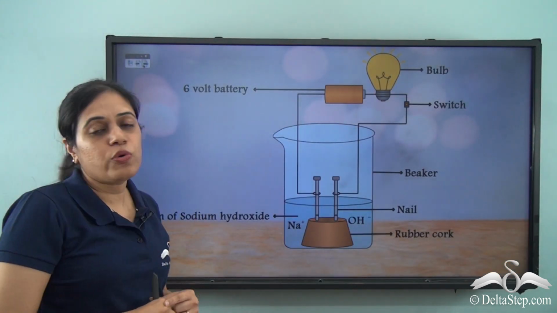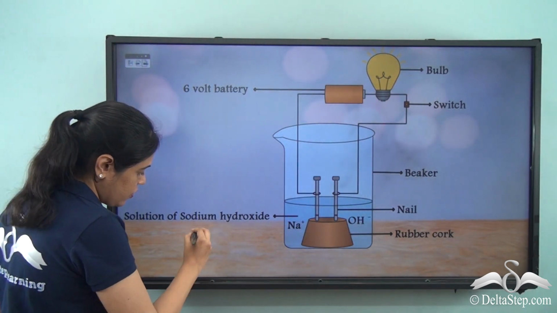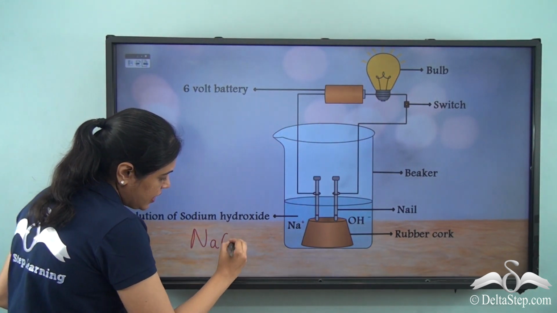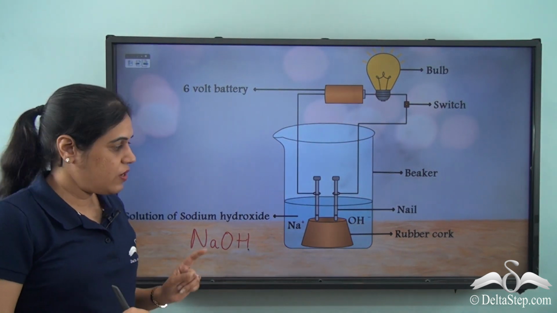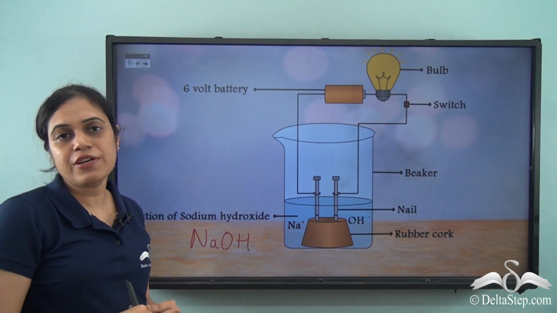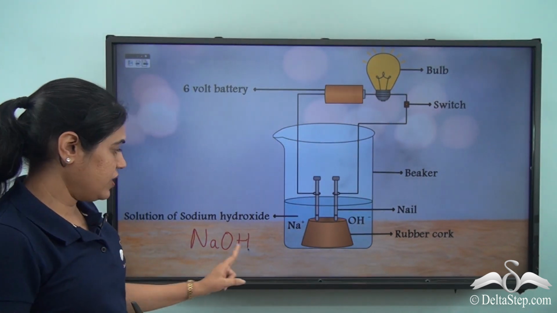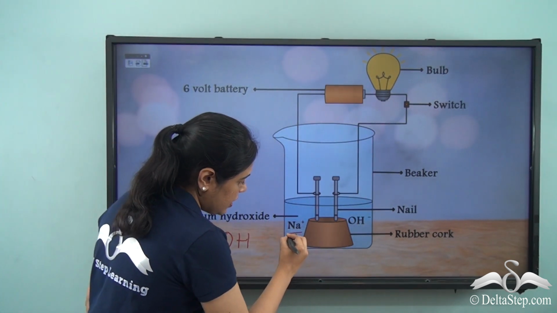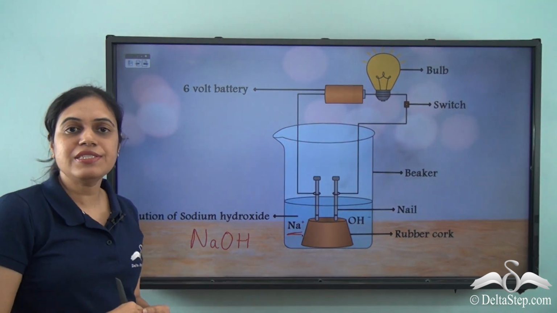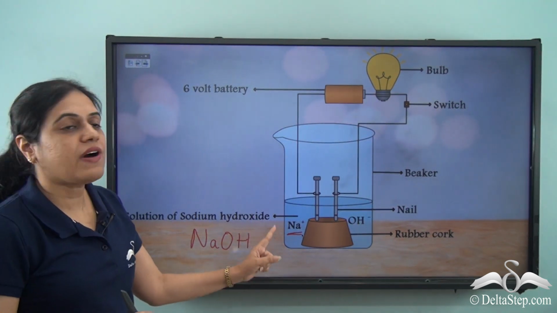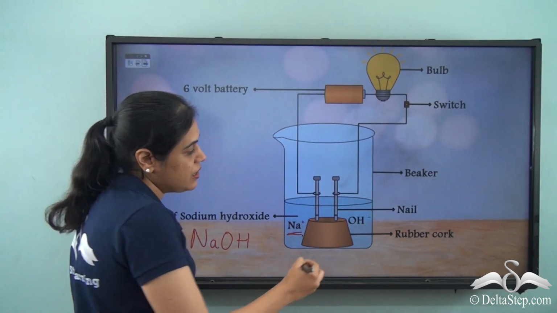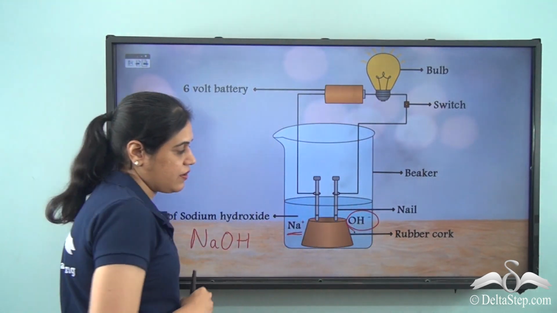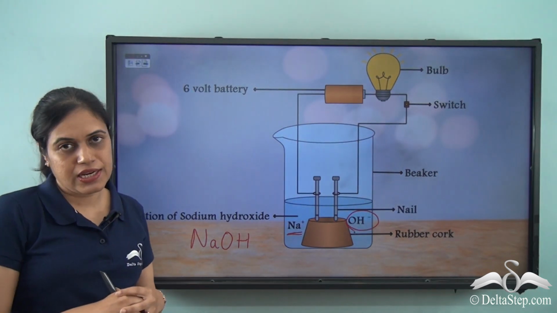Now what about sodium hydroxide solution? Sodium hydroxide is NaOH, which is a base. What will happen in the case of sodium hydroxide? As you can see here, even sodium hydroxide dissociates to give ions: Na plus ion, that is the sodium ion, and OH minus ion, which is the hydroxide ion.